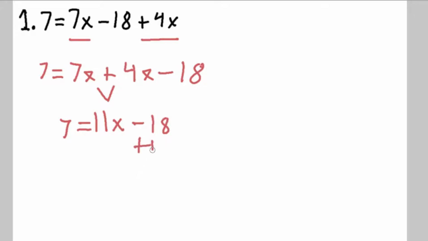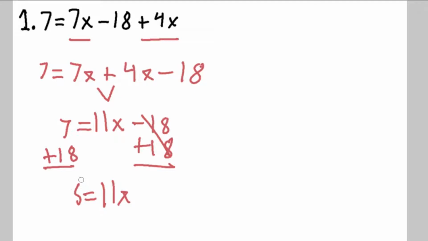We're going to add 18 to both sides, which cancels out, and we're going to get 11 right there. And 5. Alright, so we have 25 equals 11 over x. And right here you can see we're multiplying x by 11.